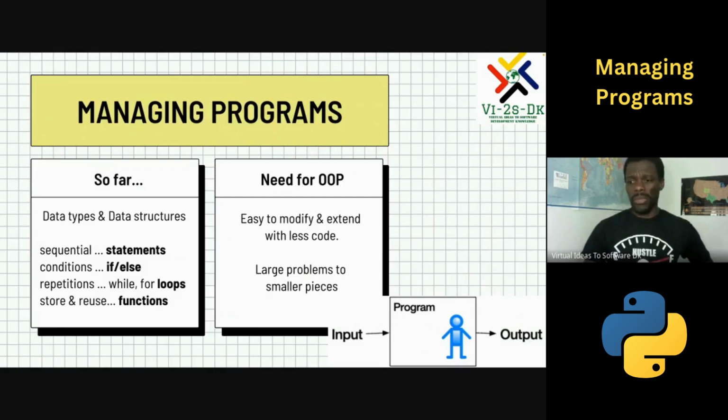But at the end of the day, we looked at how we can work on our content sequentially, have multiple statements, one line at a time. That's the order in which the program executes. Then we figured that we can have conditional execution using if-else statements, or we could also have repetitions using while loops or for loops. And finally, we talked about how we can store parts of our program and use it in different areas when we call that execution.